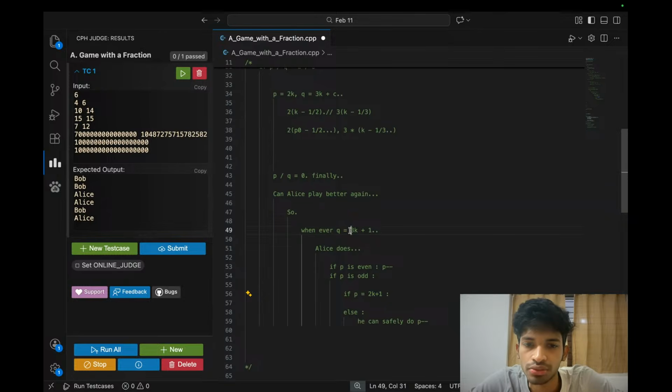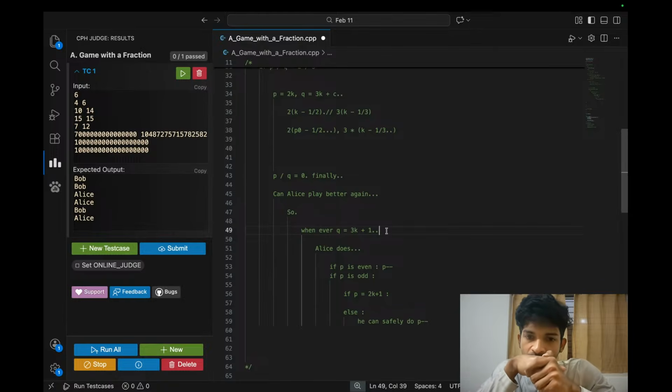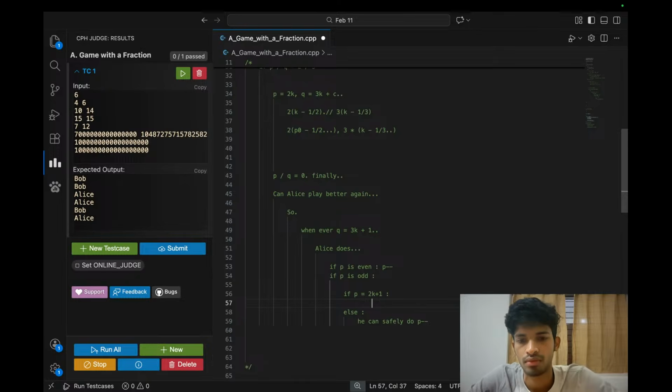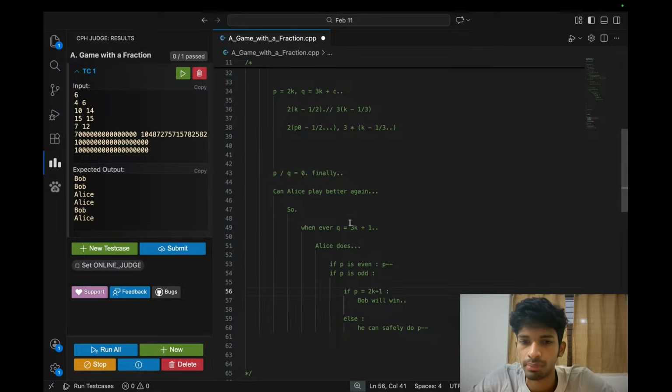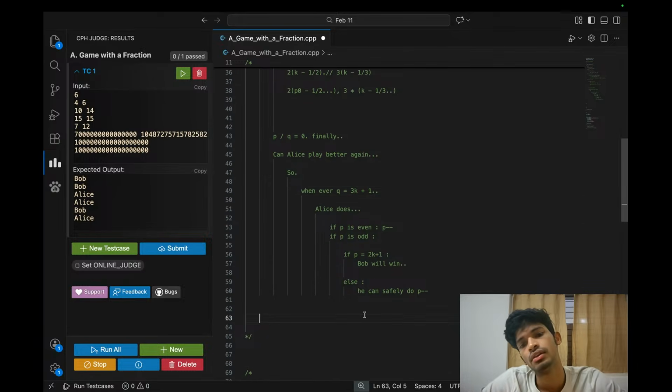If Alice reduces this one also, then Bob will win. When we are at 3k plus 1, this is right. Whatever Alice does, Bob will win. So if it is 2k plus 1 and this is 3k plus 1, whatever Alice does, Bob will win.